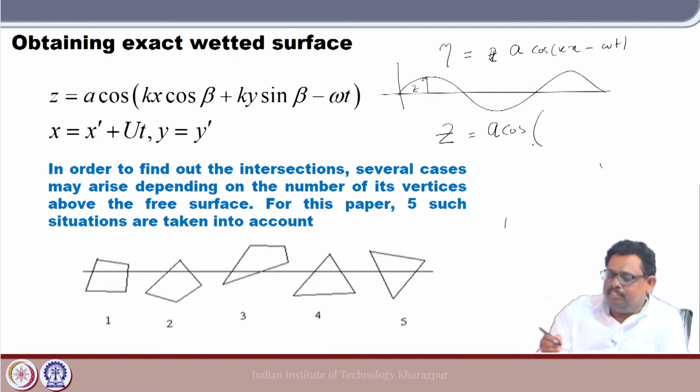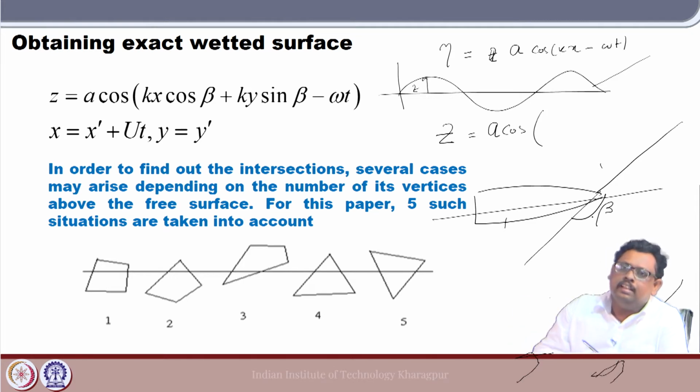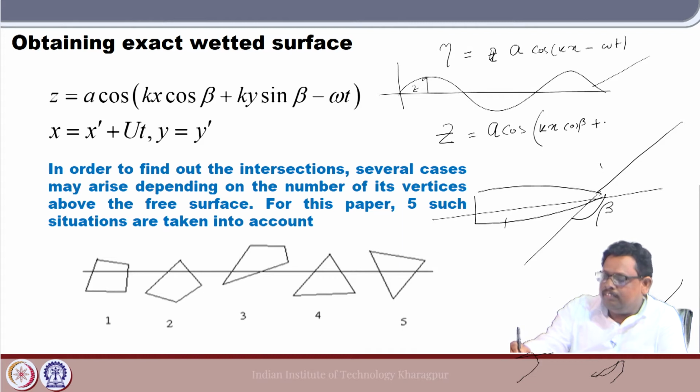If I write it in vectorial sense, suppose there is a ship and it has some heading angle, this is beta. Then this equation can be rewritten as k x cos beta plus k y sin beta minus omega t.